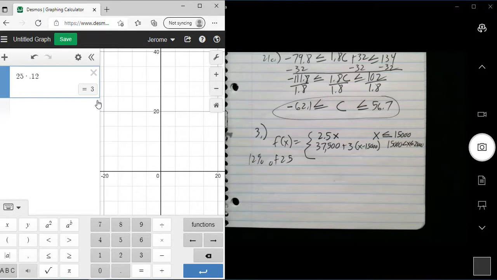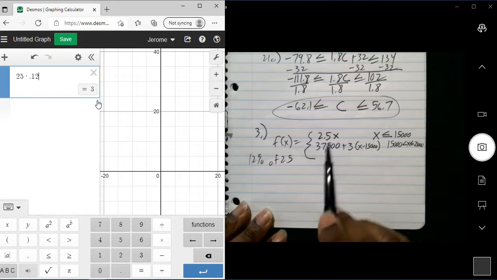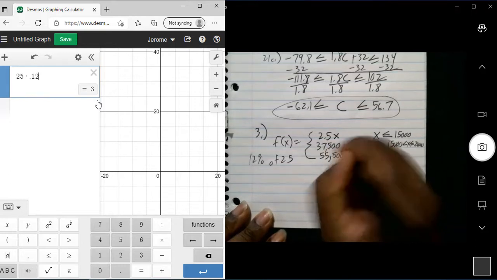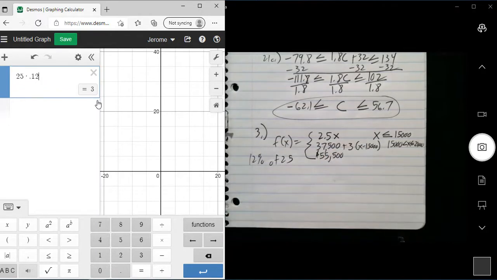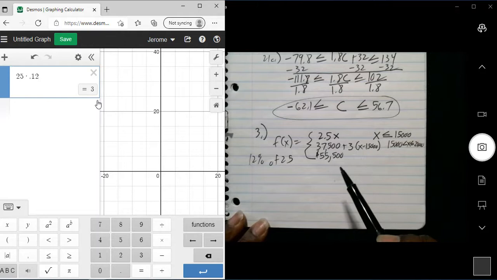Okay, now we go to the last piecewise function. Now we have to find out the max amount that we would get here, which would be $55,500. That is the max amount that we would get here. But we're told that we would get 16% on additional copies.